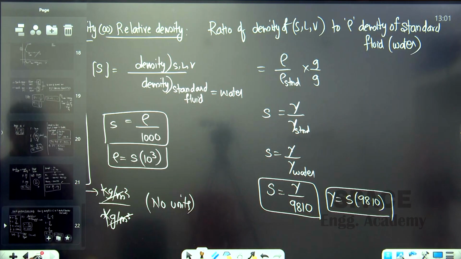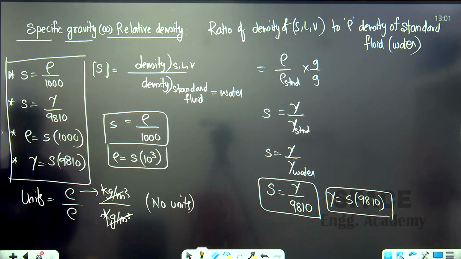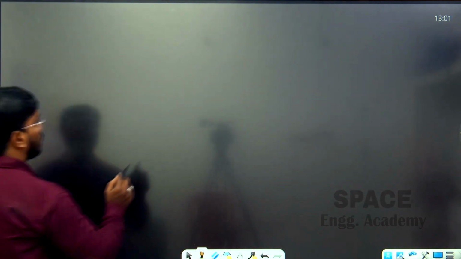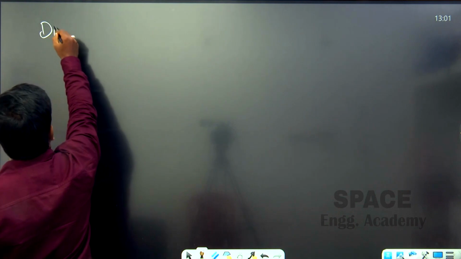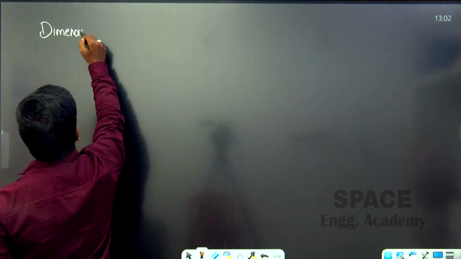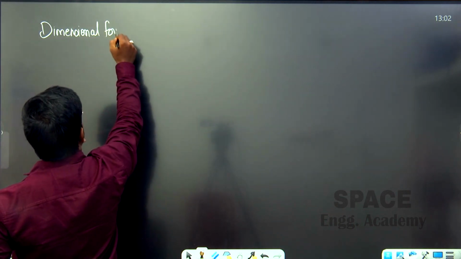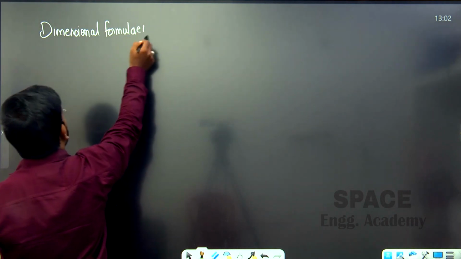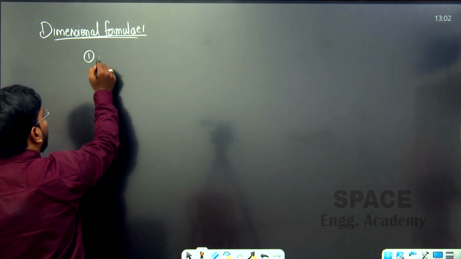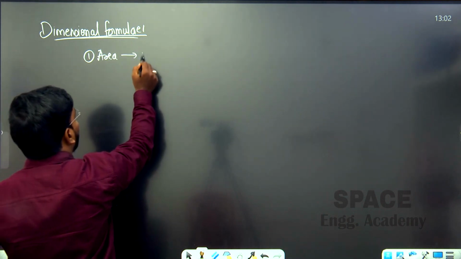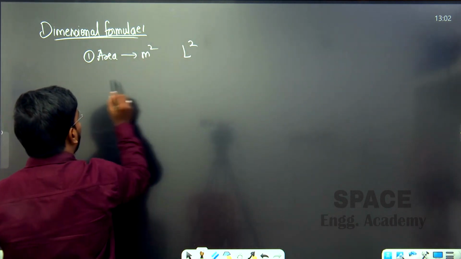So here we have specific weight. Next, let's see the dimensional formulas now, because if any dimensional formula is asked, you should be able to write that also. First one is area. Area is meter square, so we can write L square.